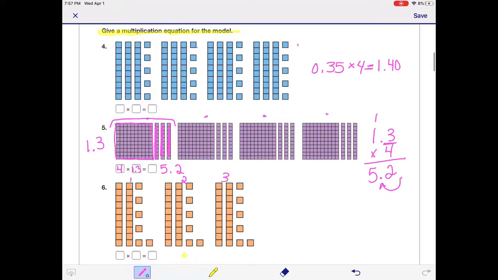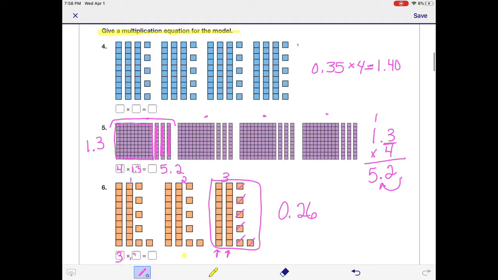There are 3 groups. So 3 times what? Well, let's figure out what one of these groups is. Let's take this one right here. They're all the same, you can see. So we have 1 tenth, 2 tenths. So let's write that down. We've got 2 tenths, and we've got 6 hundredths, right? So each one of these 3 sections is 26 hundredths.